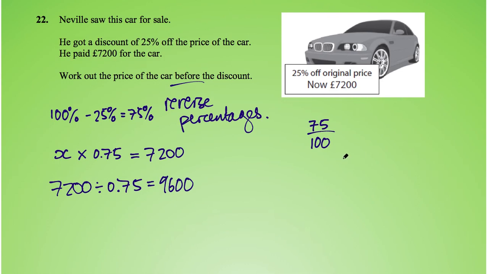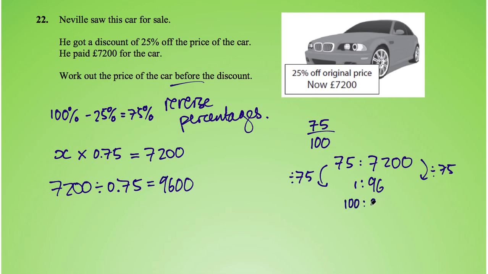So we could write that as a ratio. 75% of the original cost is 7,200. Therefore, divide by 75. 1% of the original cost is £96. And therefore, if we're going up to 100%, times by 100, that is 9,600. Either way you're doing it, that's going to lead you back to your original cost.